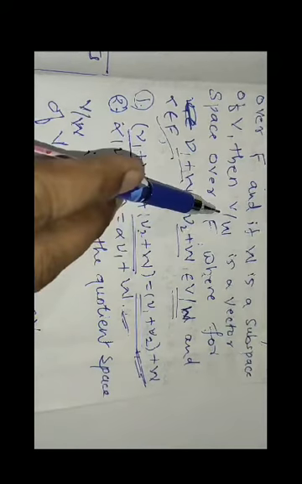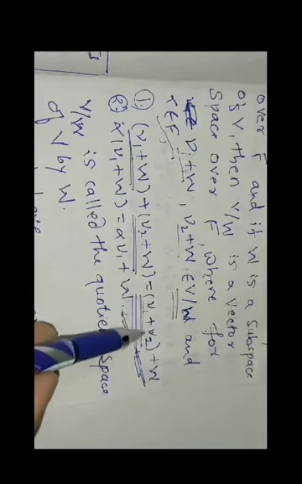Whenever we have to add two elements of V by W, take the addition like this. It is defined.